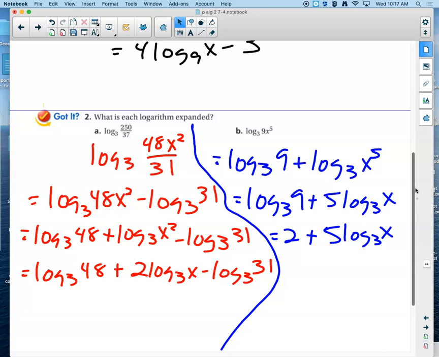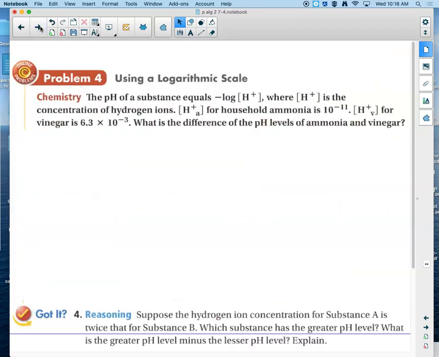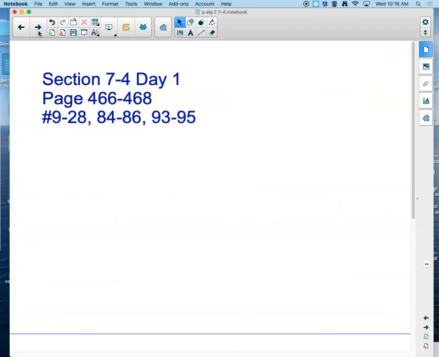Raising it to a power becomes multiplying in front, and being able to use those back and forth for condense and expand. Oh, one more. There we go. So again, everybody working today, in case you get to one that just has you hornswoggled, then I'll help you out.